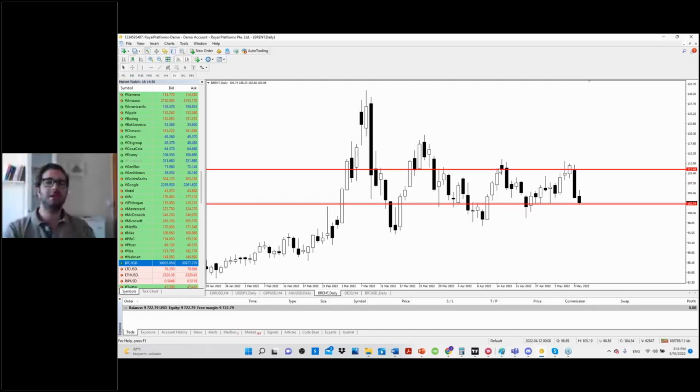And usually when the market is trading inside a range, it is hard to guess which side there will be a breakout. All you need to do is wait for the breakout and then see if there is a confirmation of the breakout. Also, when we have a range, you should be aware of the fake breakout, similar to this one here. This is a fake breakout. This is a fake breakout.